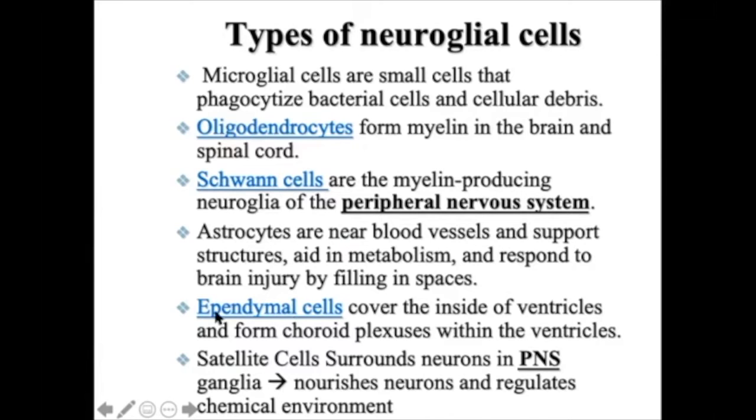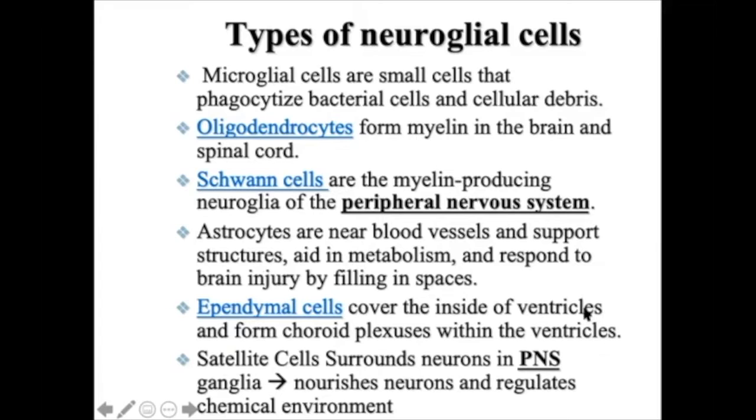Now the ependymal cells, this is the one I was looking at a second ago that was causing some problems. These cover the inside of the ventricles. The ventricles are the open spaces inside the brain. The ependymal cells come together to form the choroid plexus. Now, what's missing on here that you will need to know, the choroid plexus creates the cerebrospinal fluid, or CSF. So add that in somewhere.